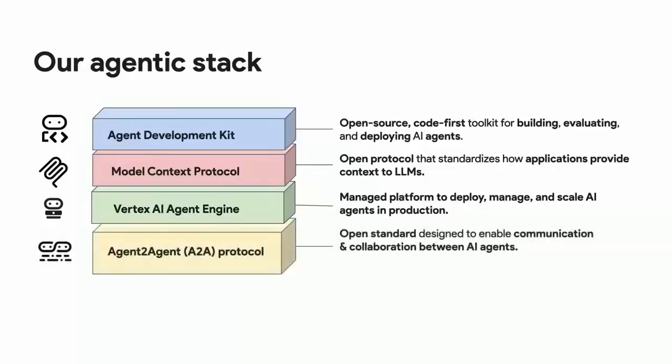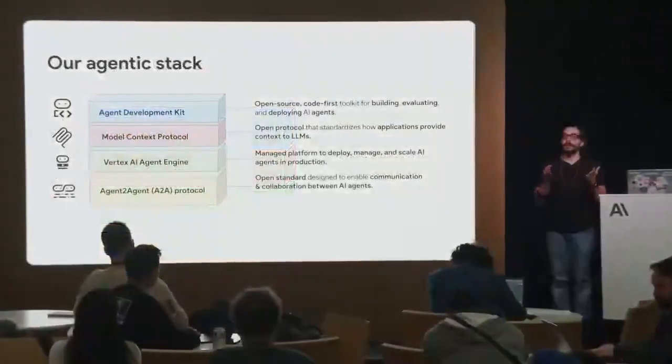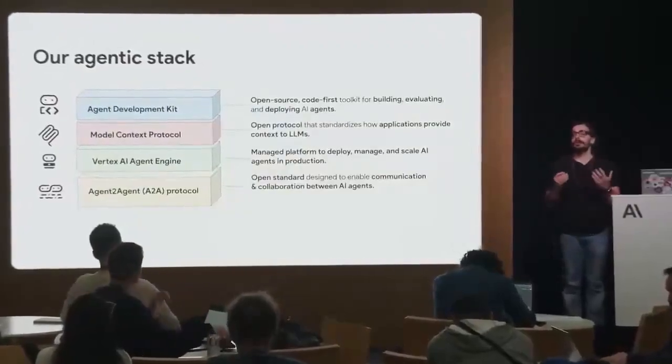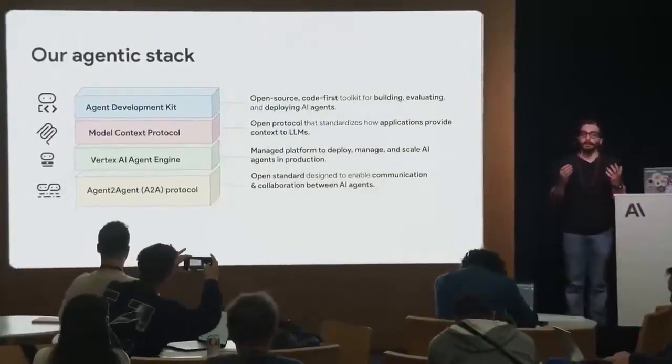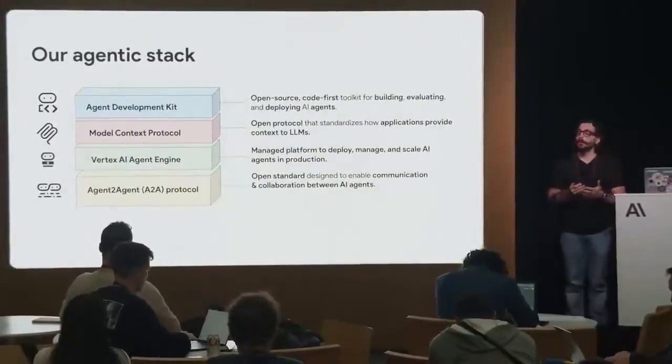And finally, to address the challenge of allowing communication between different agents built with different frameworks, we also introduced the agent-to-agent protocol, which is essentially an open source protocol that allows you to create seamless communication and collaboration between agents in whatever framework you build.